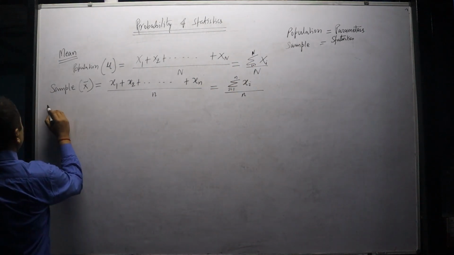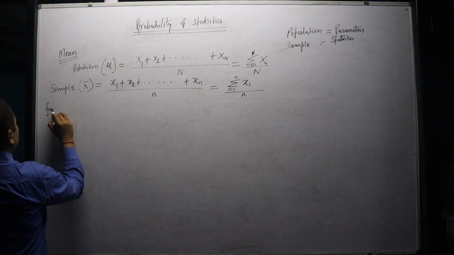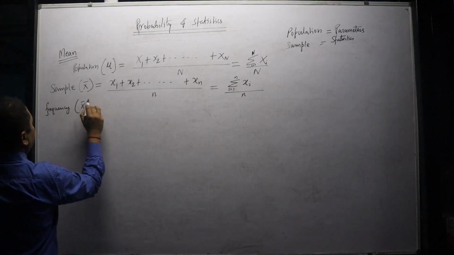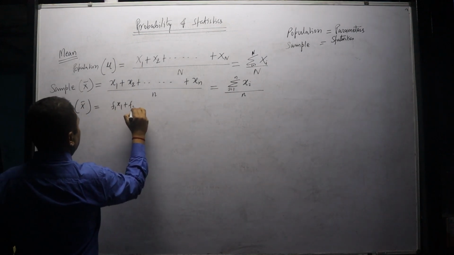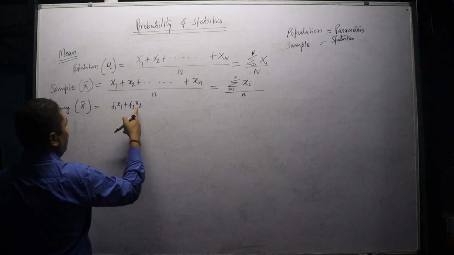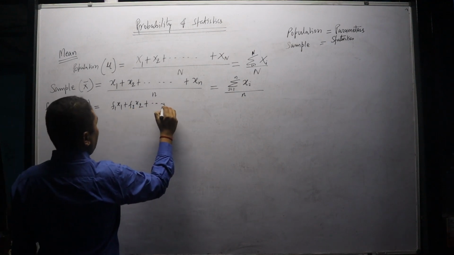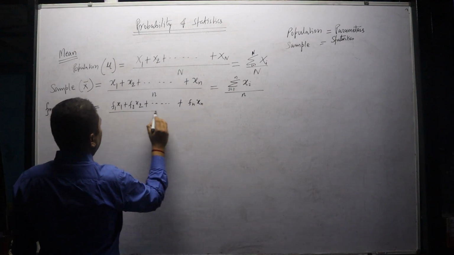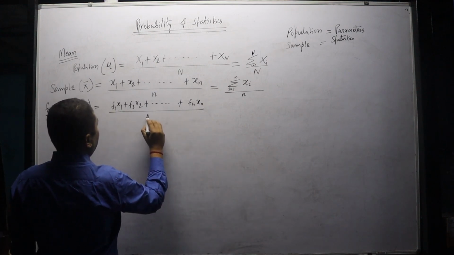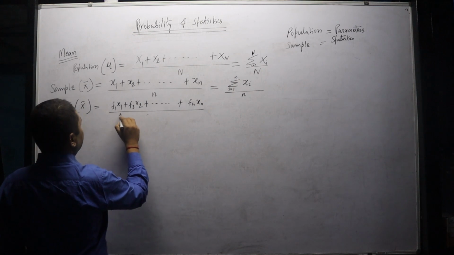Now let us treat the case when the observations are provided in terms of their frequency. How do we calculate the mean? This is again very simple. f1 x1 plus f2 x2, the product of the observation and its frequency, all the way to fn xn, divided by the sum of the frequencies.